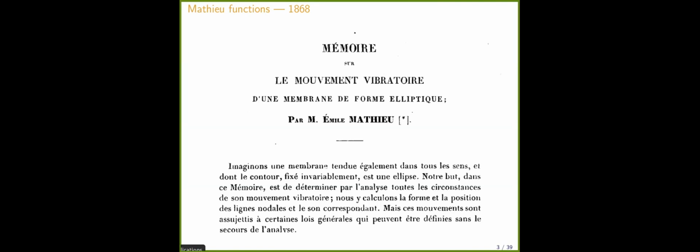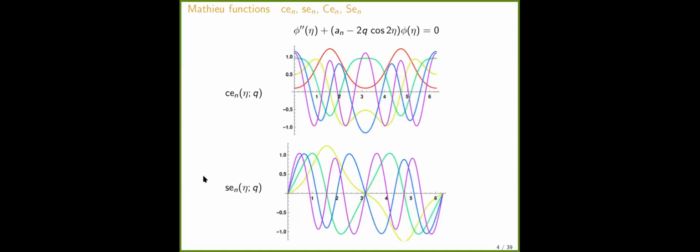And I'll explain a little bit about how this came to pass. But Mathieu functions, as you can see, are very similar to the trigonometric functions. They have in common that the basic ones, which are called CE and SE, have period 2 pi. They're also different periods.